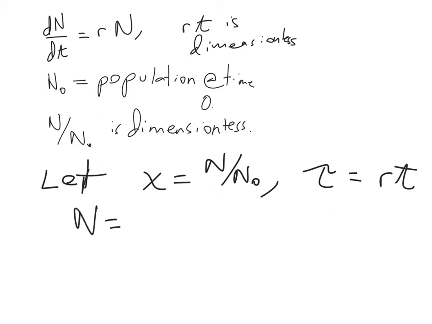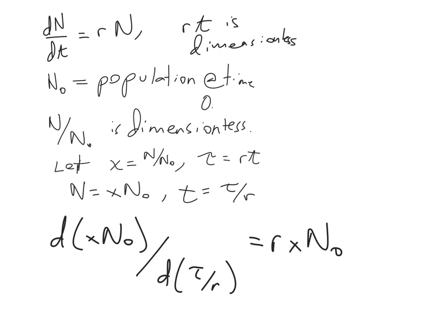So N equals x N naught, T equals tau over R. I can just substitute x N naught in every time there's an N, and tau over R in every time there's a T. That results in this equation, d(x N naught) over d(tau over R) is equal to R x N naught, these N naught cancel, and I need to do a little more manipulation.